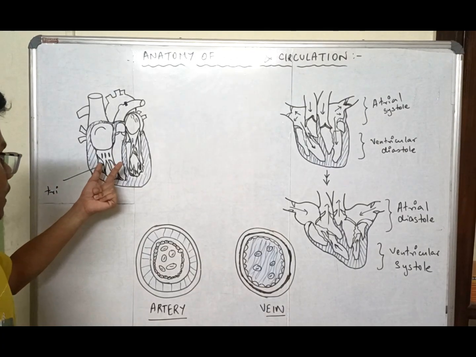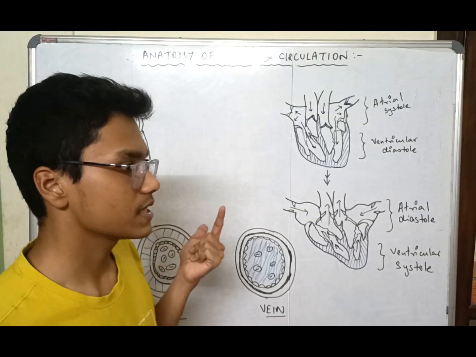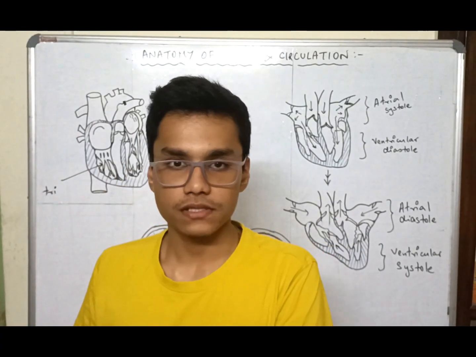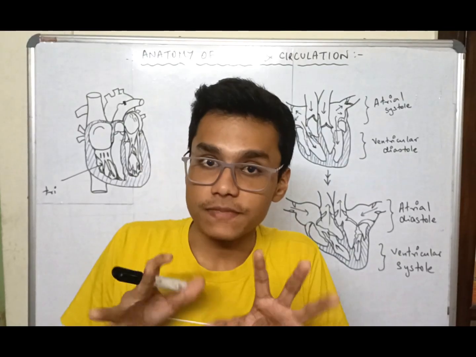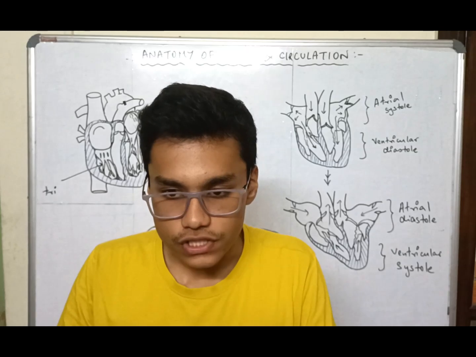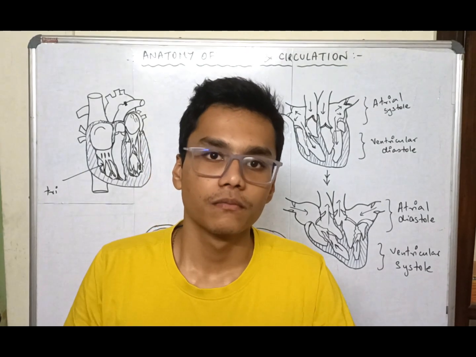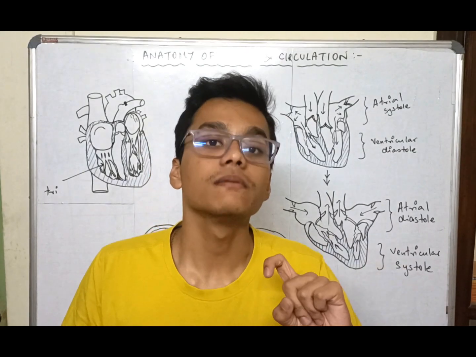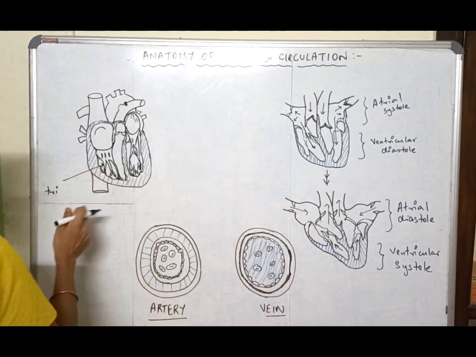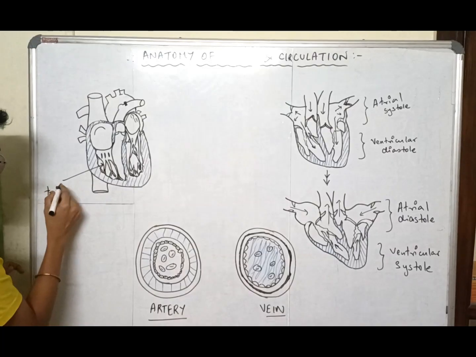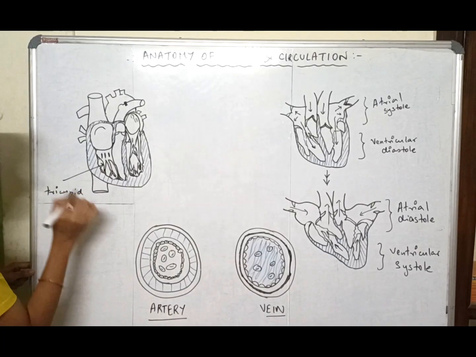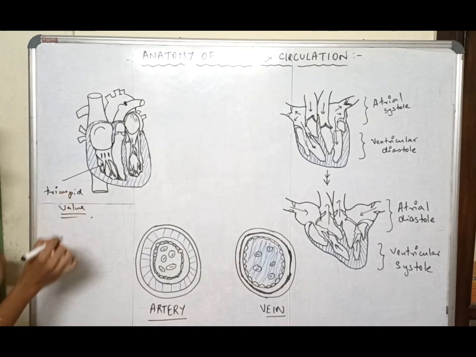And do you have any basic idea about the term cusps? Cusp means holding on to something. So, a projection that is holding on to another projection, that term is related to cusp. It is a simple dictionary word. So, from here it is tricuspid valve. Just as that. Tricuspid valve.